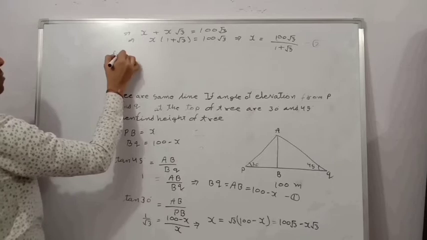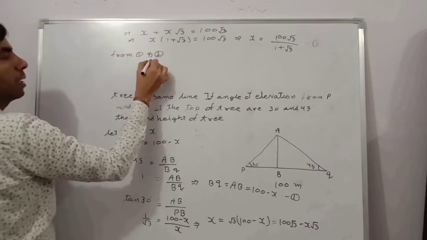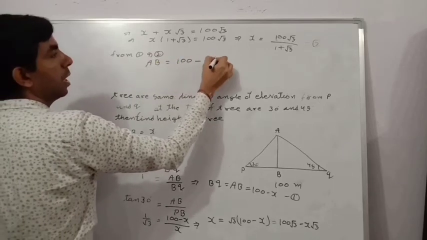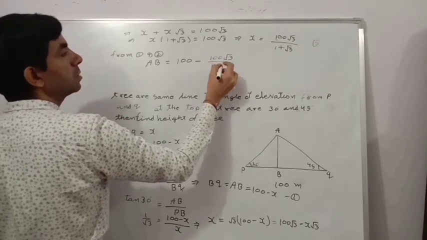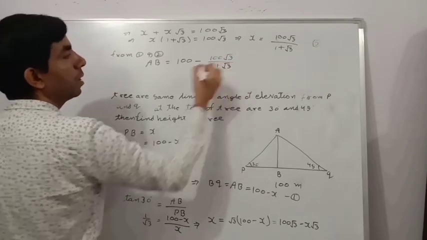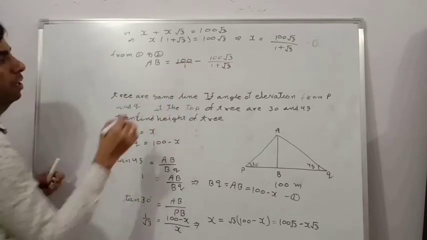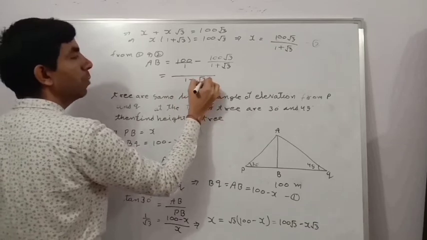So from the first and second equations, AB equals 100 minus 100 root 3 upon 1 plus root 3. Now take the LCM. If there is nothing in the denominator of 100, then we write 1. Solving it, 1 plus root 3 is the denominator.